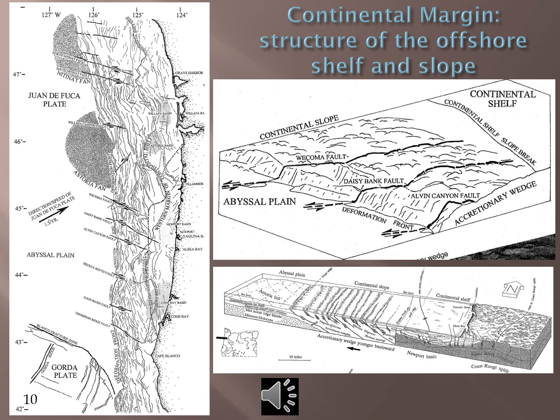These shear faults mark the boundaries of elongated blocks dated from 650,000 to 300,000 years before present that are rotating clockwise due to the northwestward push of the subducting Juan de Fuca plate. The most notable of these are the Wecoma, the Daisy Bank, and the Alvin Canyon Valley faults, where fault pop-ups are occurring at the intersection of the faults with the deformation front.